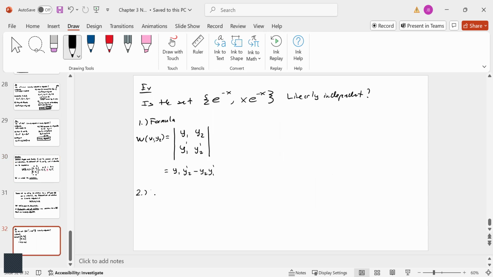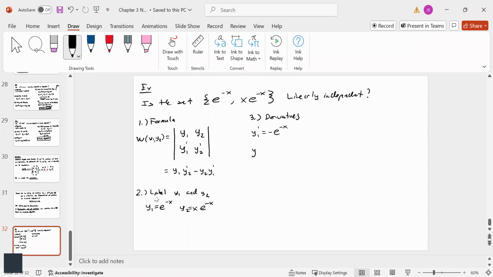Step 2, label y1 and y2. It doesn't matter which one you call which. You'll get the same answer. It's independent of order. Step 3, derivatives. So y1 prime is going to be equal to negative e to the negative x, chain rule.